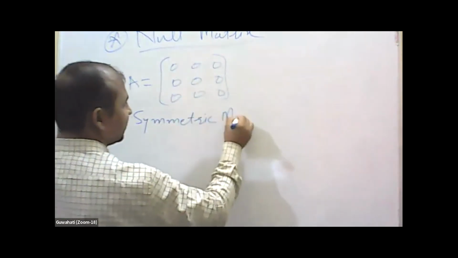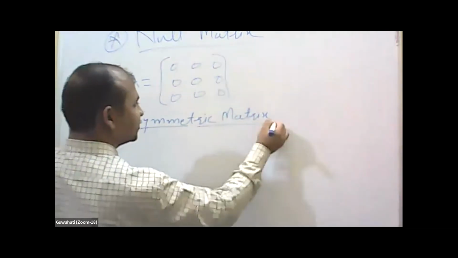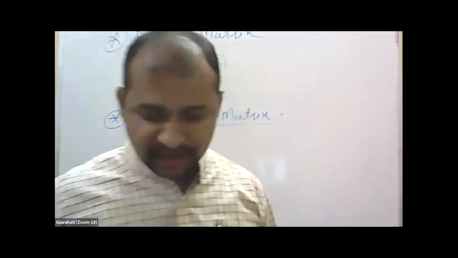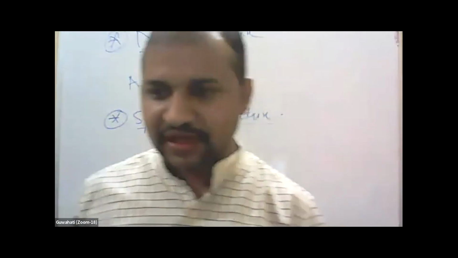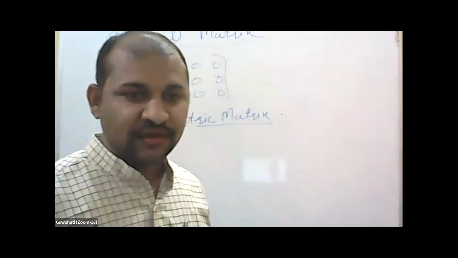Symmetric matrix. Can anybody tell me what a symmetric matrix is? Can anyone give me any hint for the symmetric matrix? Square matrix, sir. A equal to A inverse, I guess.